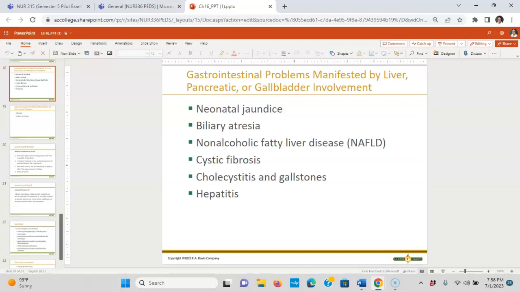Cystic fibrosis, we've talked about, a hereditary disorder of the exocrine glands, thick mucus, blockage of pancreatic ducts, intestines, bronchi, and respiratory infection, usually caught with failure to thrive, chronic diarrhea, respiratory symptoms.